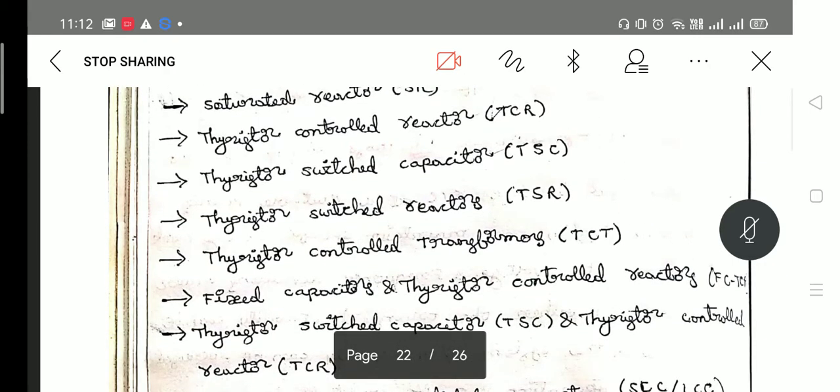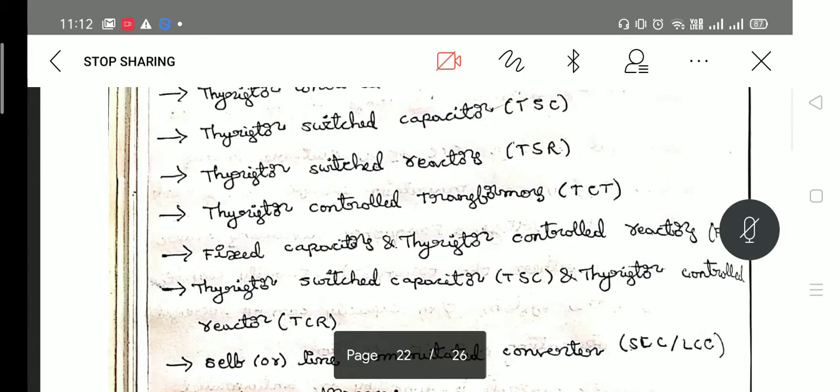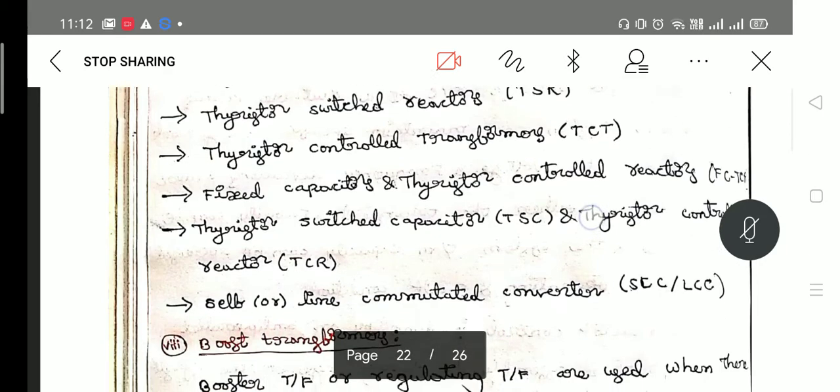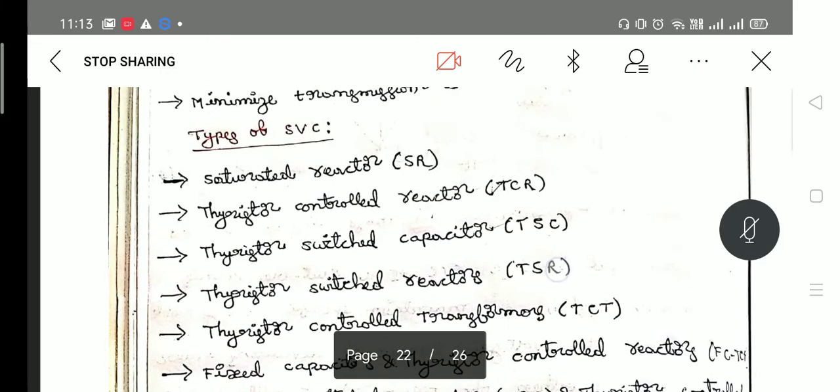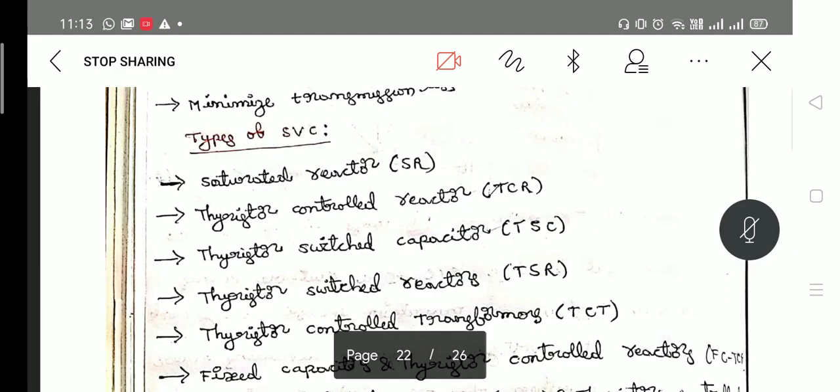Sixth one is fixed capacitor and thyristor controlled reactor, FC-TCR. Next one is thyristor switched capacitor, TSC, and thyristor controlled reactor, TCR. Last one is self or line commutated converter, that is SCC or LCC. These are the types of SVC.